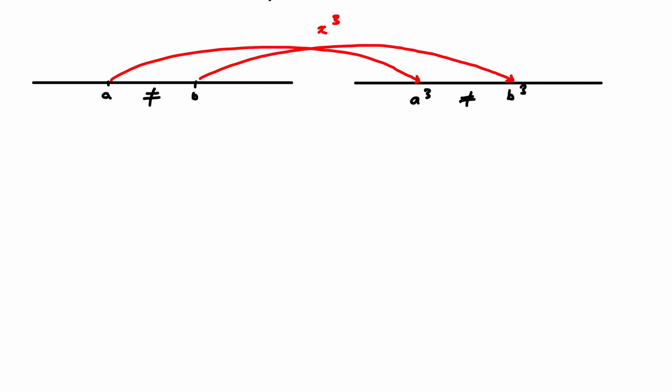All right, this is something that was not true of x squared. -1 and 1 map to the same thing under x squared. They would map to different things under x cubed. Can we understand what this means in terms of the graph? Well, if I was to draw the graph for x cubed, it kind of looks like this.